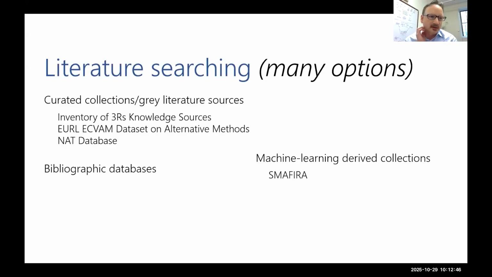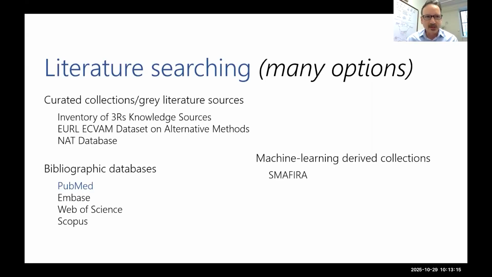And then there are bibliographic databases, which are not curated by topic, but are simply representing the output of research in biomedicine and other fields. That includes PubMed, Embase, Web of Science, Scopus, and others. So these are all sources for accessing the literature.